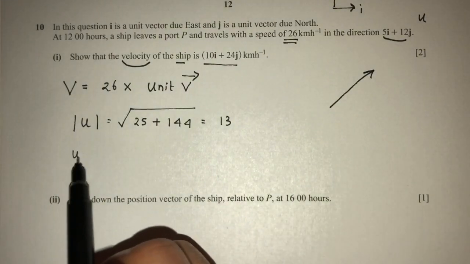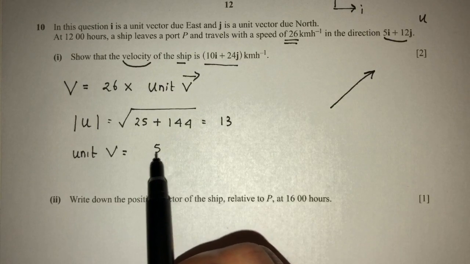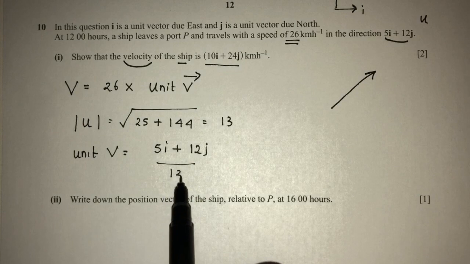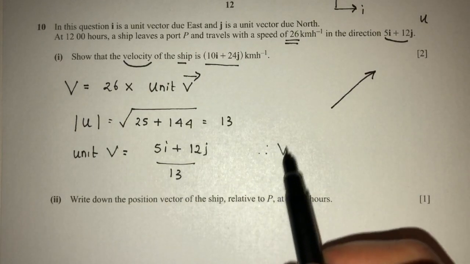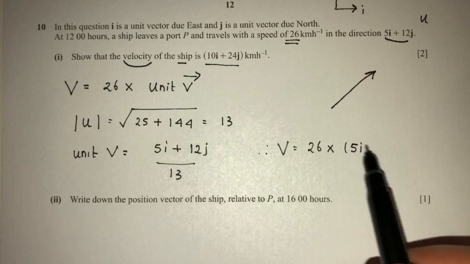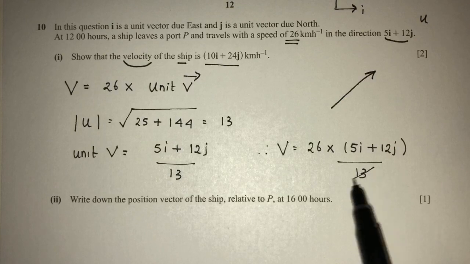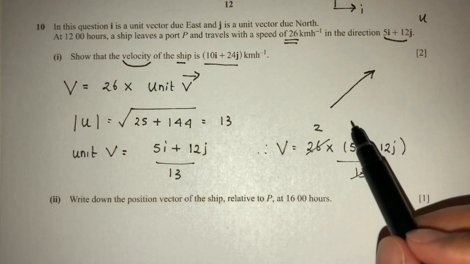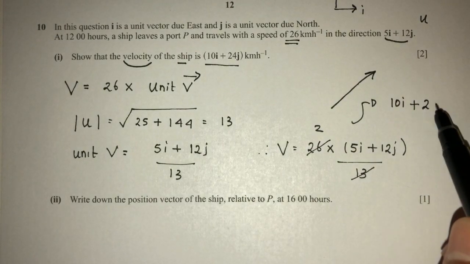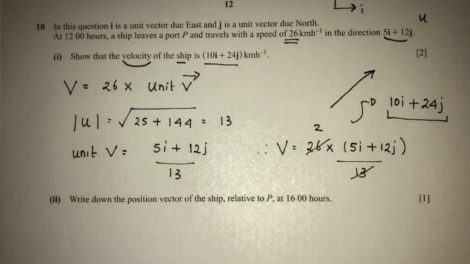So the unit vector in that direction will be the vector itself, 5i plus 12j, divided by 13. So the velocity will be 26 multiplied by 5i plus 12j over 13. That will cancel out, and your value will be 10i plus 24j. So that will be your answer for part 1.